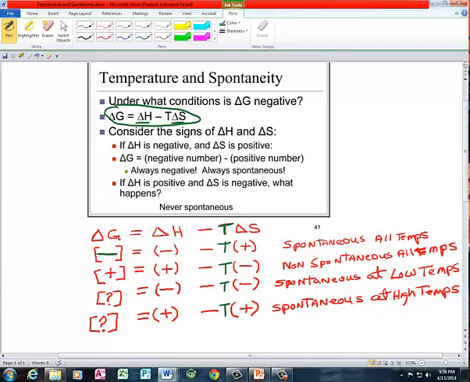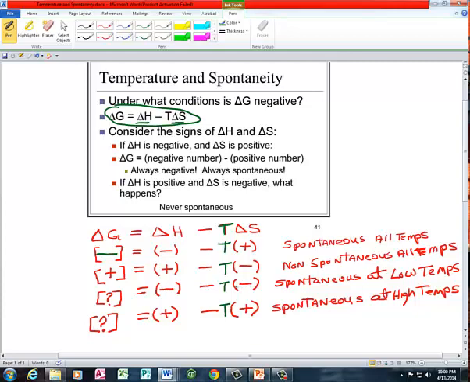Now we get to the difficult part. We don't know whether this reaction will be spontaneous because we have the same sign for both delta H and delta S. Delta H favors spontaneity if it's a negative value. Delta S does not favor spontaneity if it's a negative value. Mathematically, we have a negative minus a negative, which is a positive.